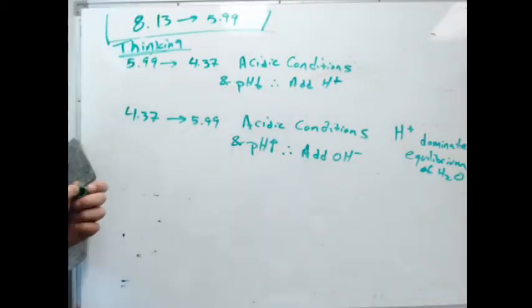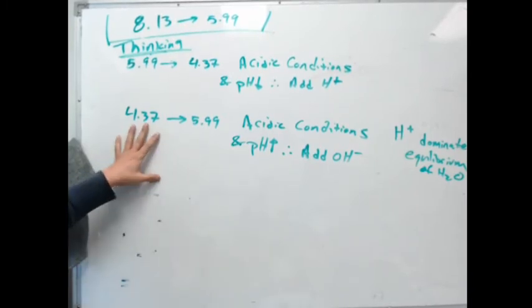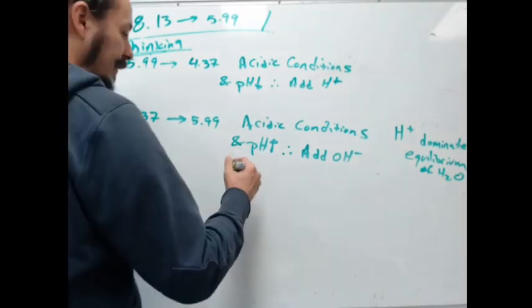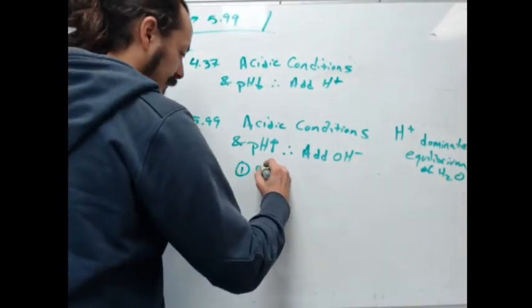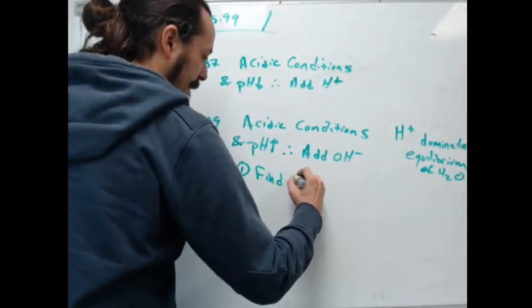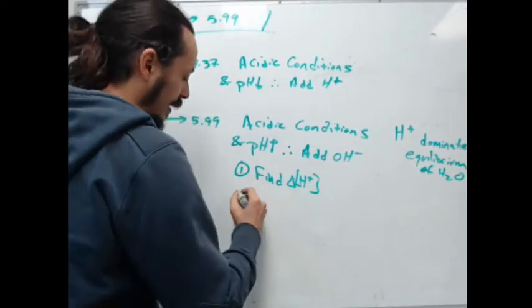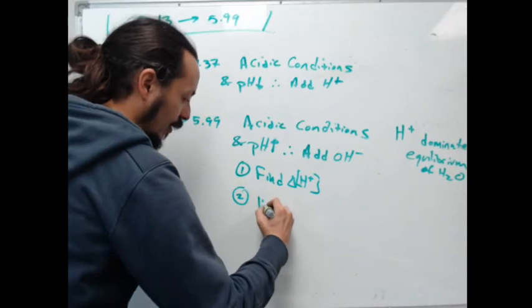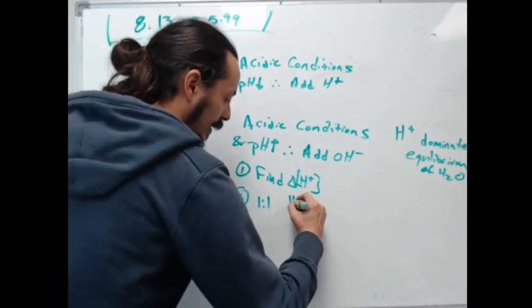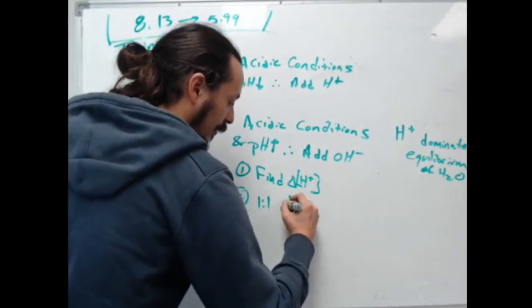H plus is dominating the equilibrium of water at that point. So we're going to do this one in acidic conditions. We're going to find the delta H plus, the change in the H plus concentration, and then we're going to recognize 1-to-1 ratio H plus.